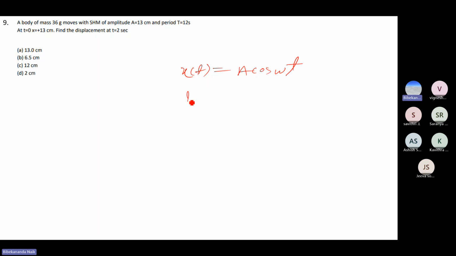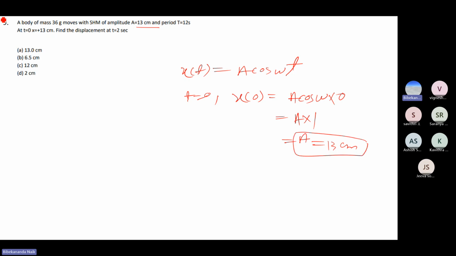So at t equal to 0, x at 0 will be A cos omega into 0, which is A into 1 or A. So here A is 13 centimeter, which is again given in the question that at time t equal to 0, x is plus 13 centimeter.